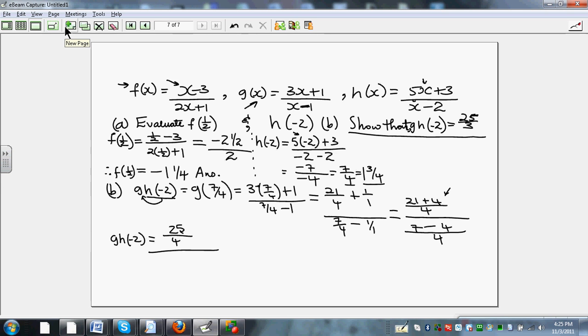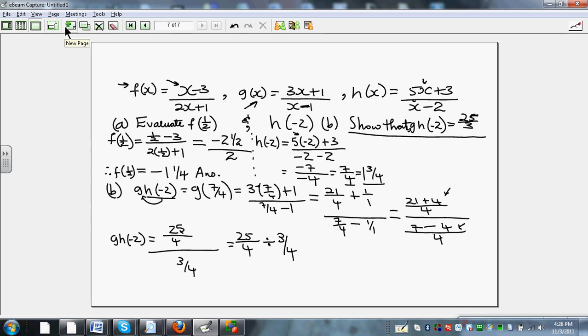When we work out this part at the bottom here, we get 7 minus 4 is 3 over 4 at the bottom. Like this. So 25 over 4 over 3 over 4, or 25 over 4 divided by 3/4 could be written like this. If I take out that over sign and I write 25 over 4, instead I write this sign, I'll write divided by, because it means divided by 3/4.